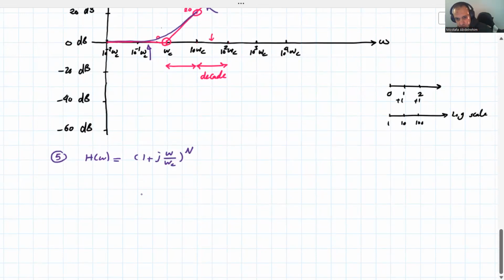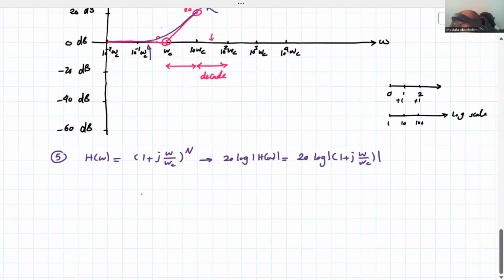Okay, any exponent, 3, 4, whatever. We just continue the same way. So 20 log magnitude of H of omega equals 20 log the magnitude of 1 plus j omega divided by omega c, to the power of n.